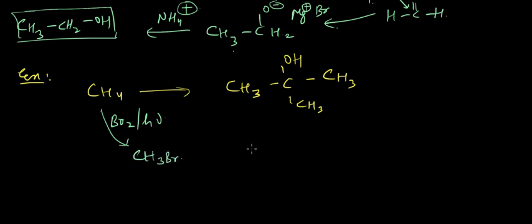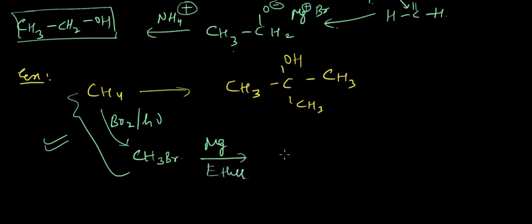Please remember this reaction. I think we are discussing it for the first time, but this is a very basic reaction. So CH3Br will be converted, then we pass it over magnesium in presence of ether.